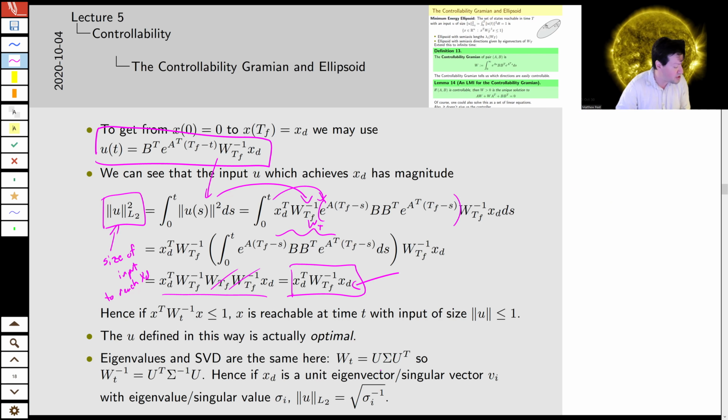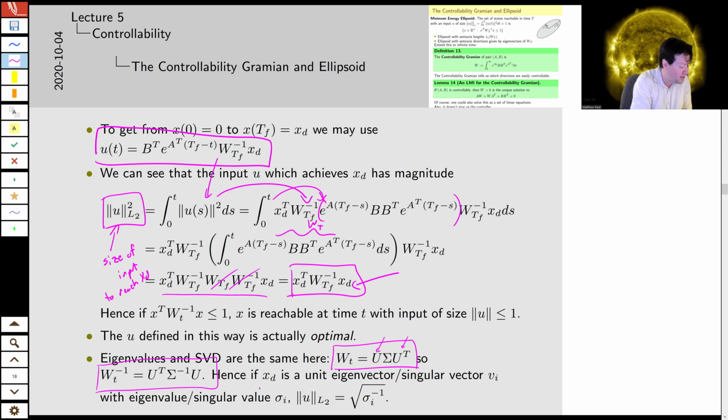So there's a couple different ways of deriving the information that I stated. For example, if we go down here to this last comment, in this case the eigenvectors and eigenvalues are the same, so we just do an SVD of the Grammian. The inverse of the Grammian, remember these are unitary matrices here, so the inverse of u is just u transpose, and so we get the decomposition of the inverse.